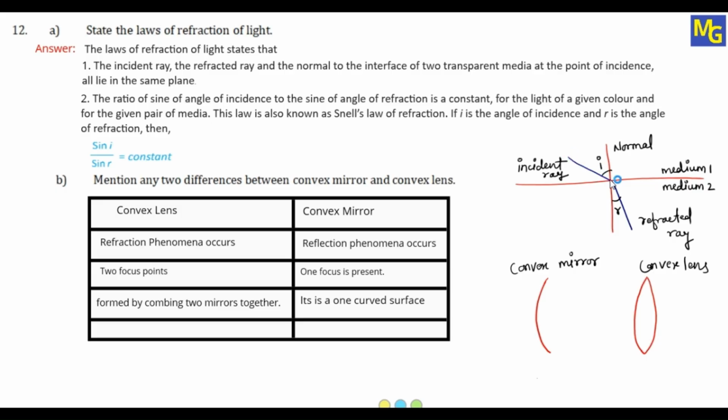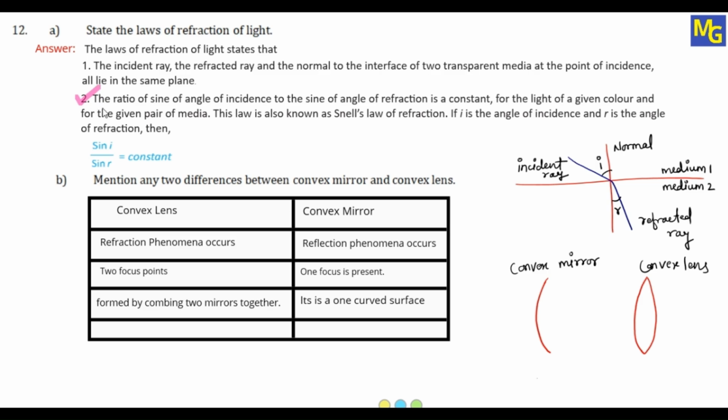Once it hits the interface of medium 1 and medium 2, it gets refracted, it gets bent. It may bend towards the normal or it may bend away from the normal depending on the medium. So this is called refraction. So this is the incident ray and this is the refracted ray and this is called the point of incidence. So these all lie in the same plane. So that is our first law. Now what is the second law?